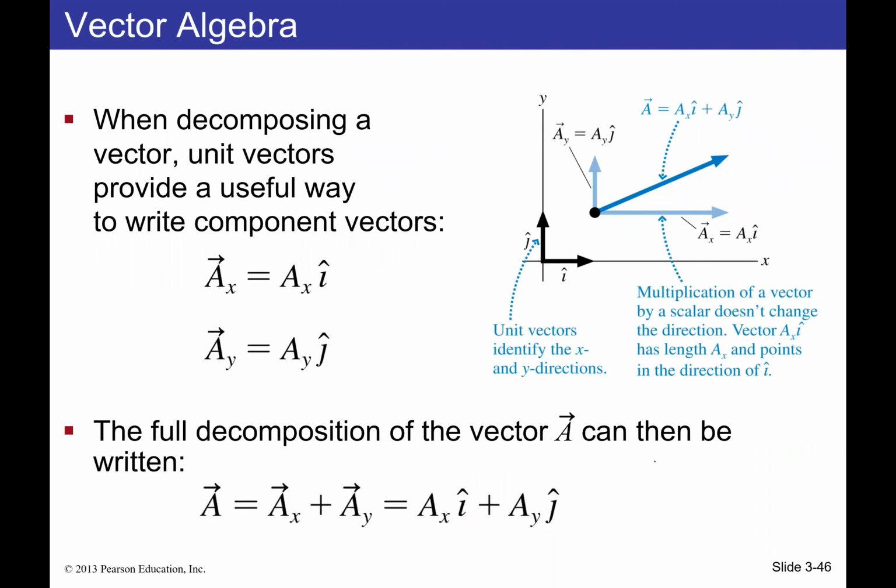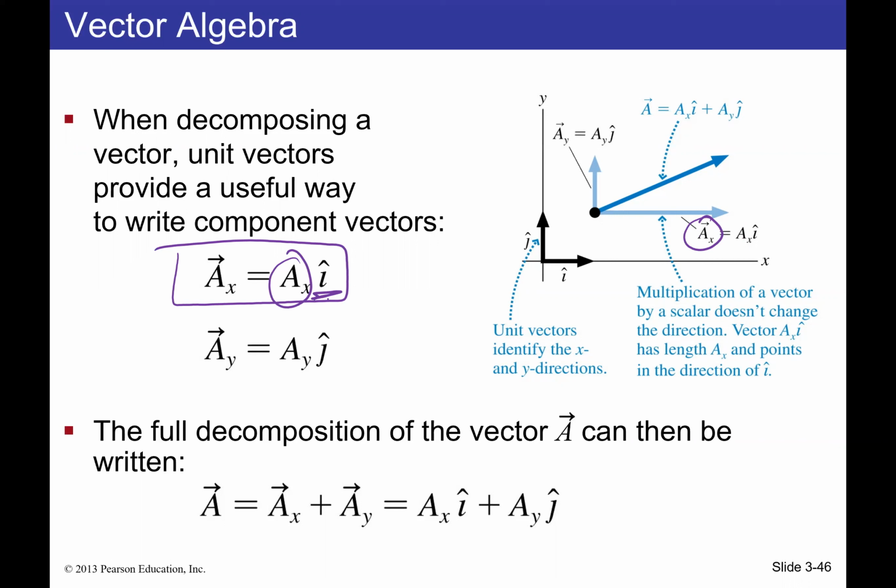Every time I take a vector A and break it down into components, I can say the x component as a vector equals its magnitude, Ax, times the unit vector I hat. This is my magnitude, this is my direction, which means it's horizontal because it's I hat.